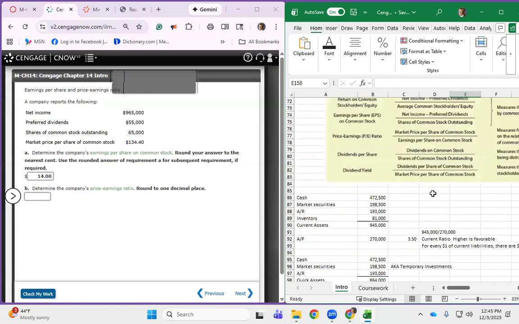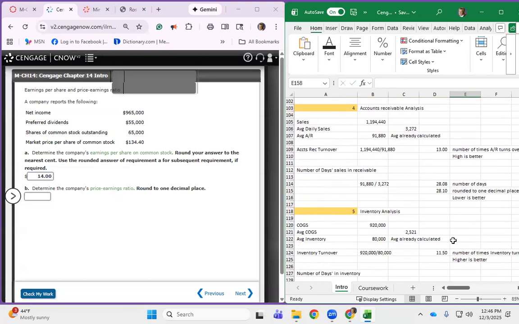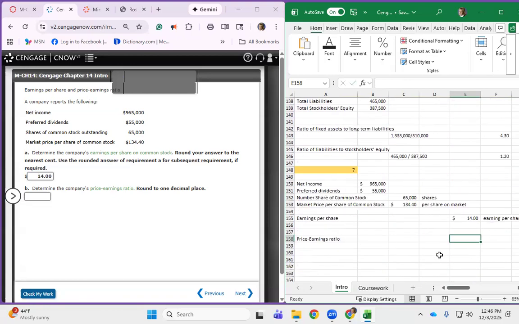I know you're probably getting tired of a lot of this stuff. We're going to take that market price, however much it's selling for, and divide by our earnings per share. We've just found the earnings per share, so we're going to need that. Let me show you how it's calculated.